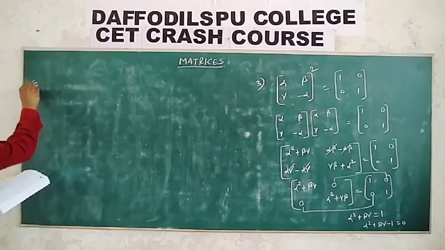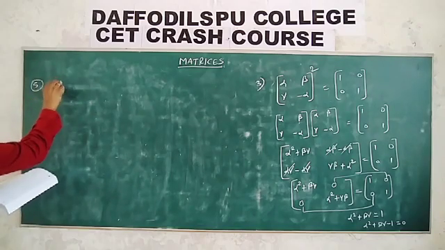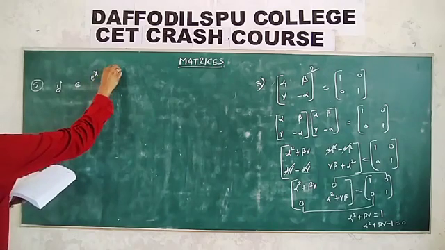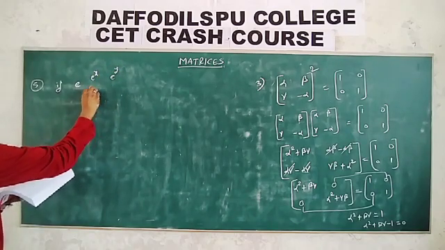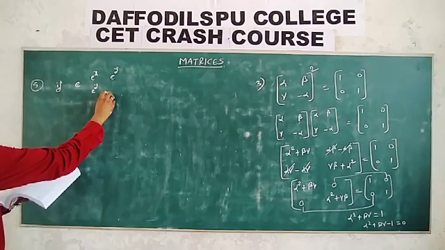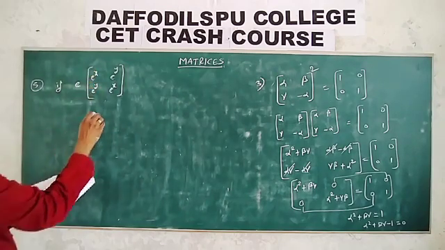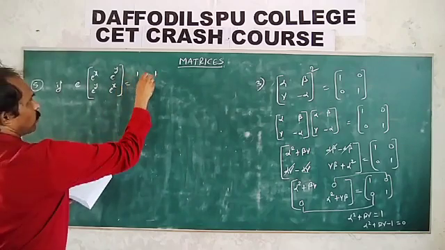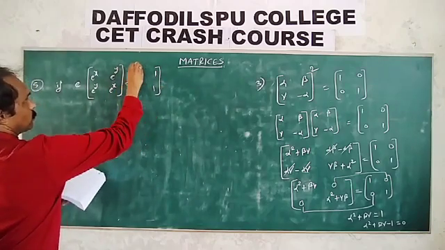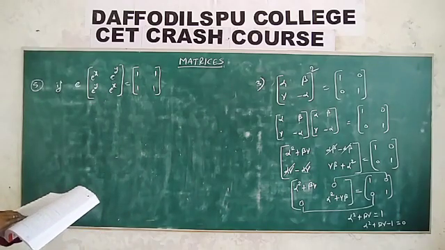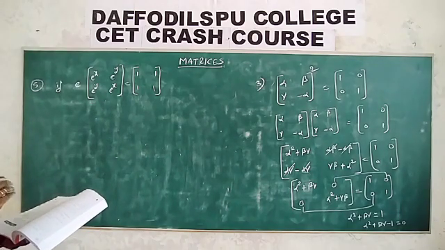Fifth question. If e times the matrix [e power x, e power y; e power y, e power x] is equal to [1, 1; 1, 1], then find the values of x and y.